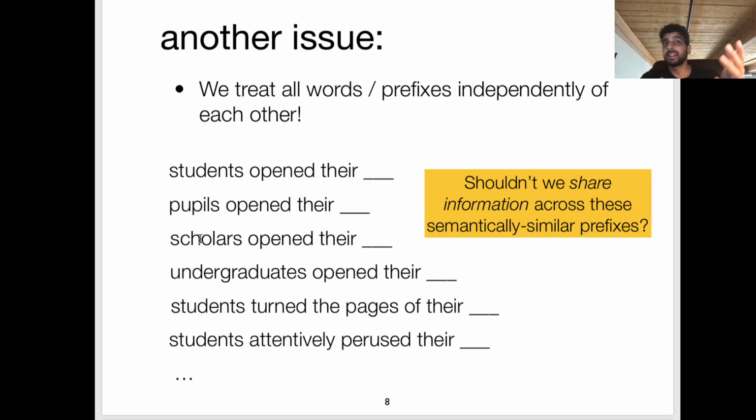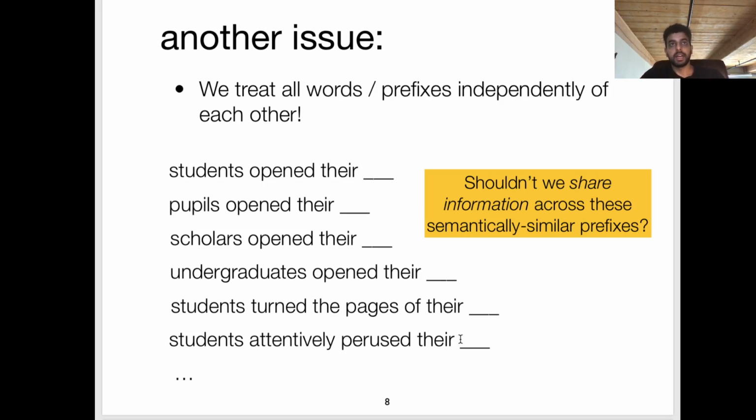"Scholars open there" is maybe not the exact same semantics, but it's very close. "Undergrads open there", or "students turn the pages of there", or "students attentively peruse there". They don't have to be identical semantically, but all of these things are roughly talking about the same topics and the same action. And it really makes sense that a model should be able to share information across these semantically similar, or in some cases almost identical, paraphrases of these prefixes.